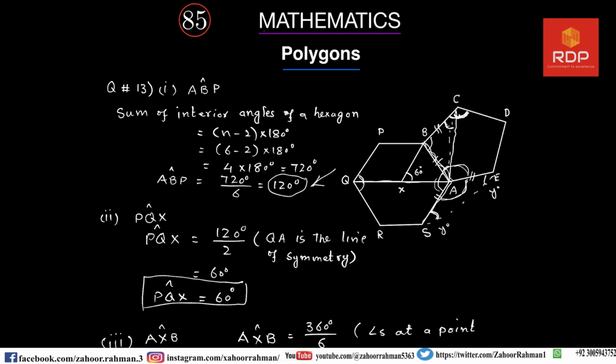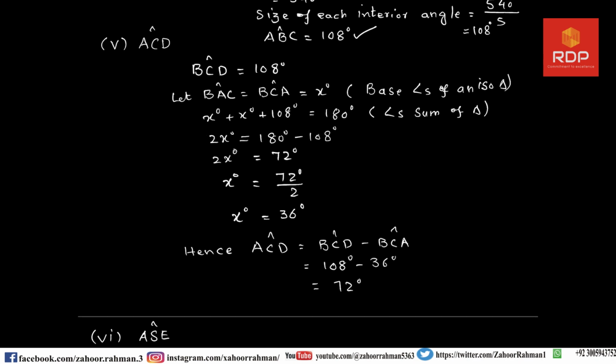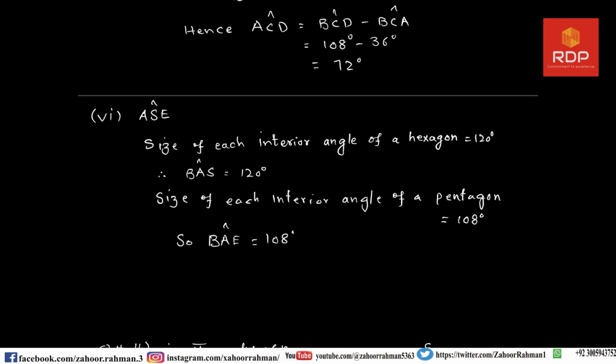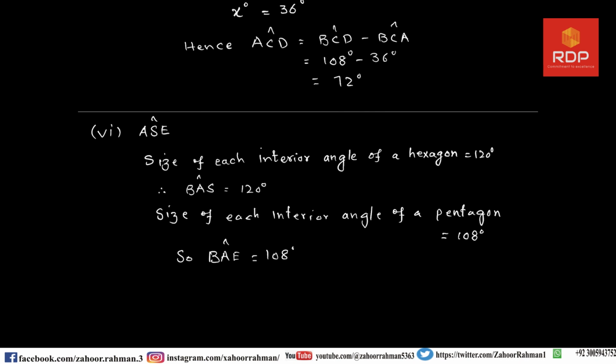So SAE, first we have to find this one. We can find that by the theorem of angles at a point: 120 degree plus 108 degree plus SAE is equal to 360 degree, and that is the angles at a point theorem.